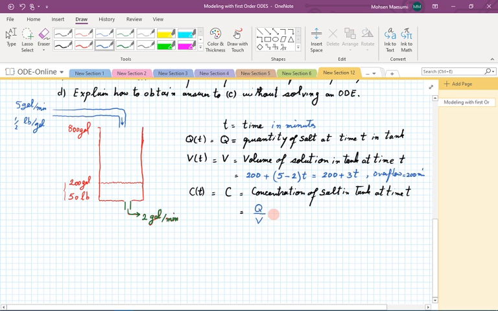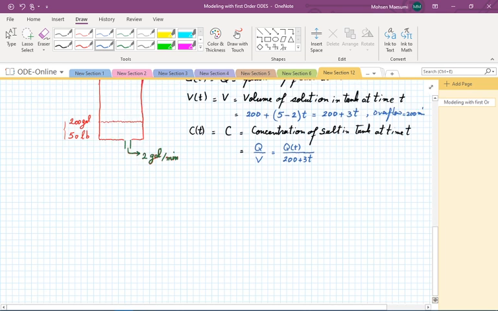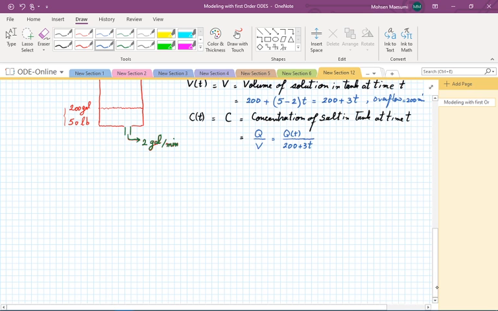So whatever quantity we might have at a certain time, Q as a function of time, divided by the volume. We just obtained the volume, which is 200 plus 3t. That's the volume in this problem. Okay, so this is a description of the cast of characters.